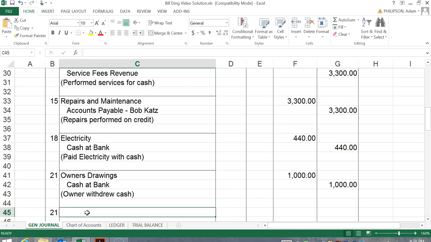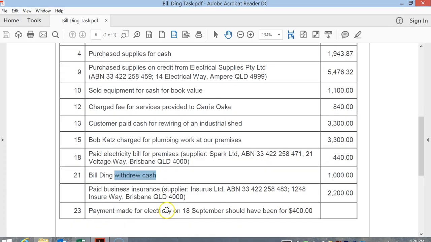The 21st again. Paid business insurance. So insurance is an expense because we typically get insurance cover that lasts at most for a year. Okay, so it's an expense. It's not really considered an asset. So insurance expense will be our debit, and we've paid it. So our cash at bank is going down.